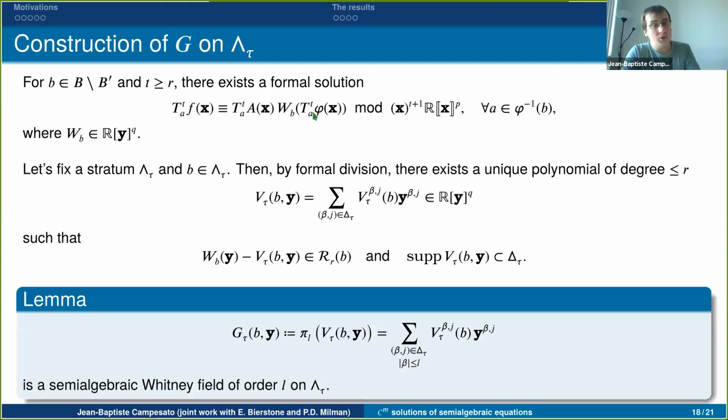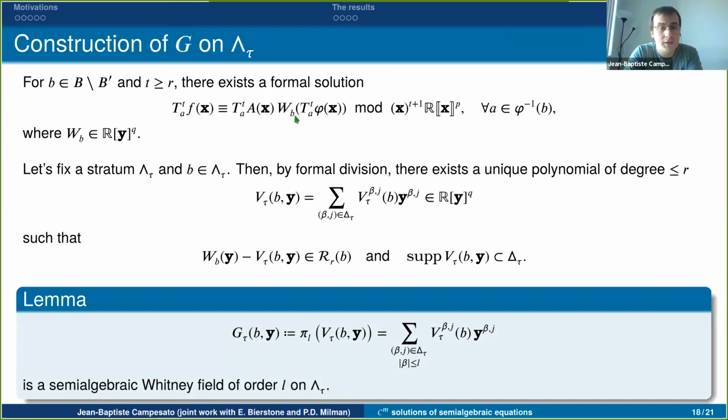Actually, we can express Vito in terms of the standard basis, which we can express in terms of the data. So Vito is going to be semi-algebraic, because we can express it in terms of the data. And the difficult thing is to check that this Vito is actually a Whitney field.